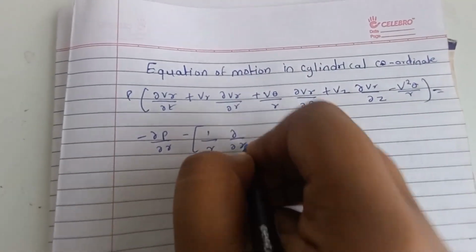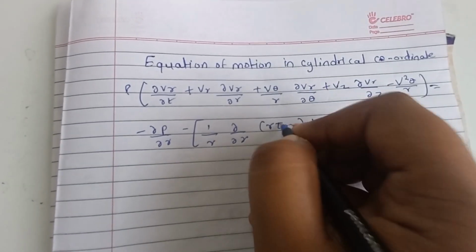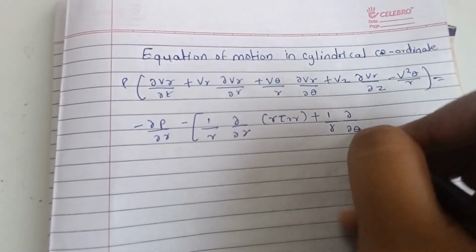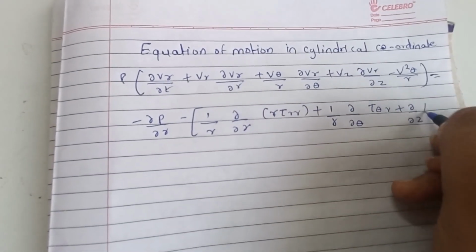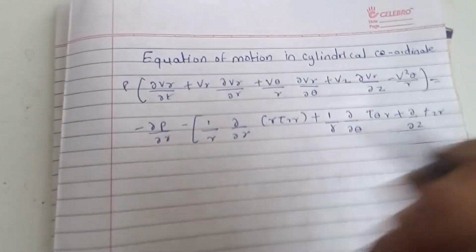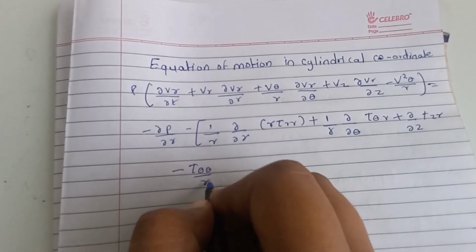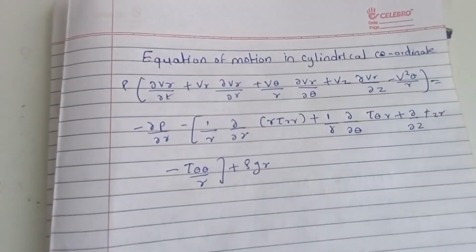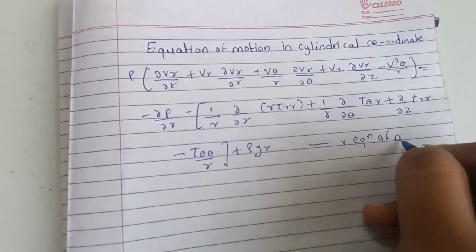Then the right hand side term is minus del p upon del r minus bracket of 1 upon r into del by del r into r tau rr plus 1 upon r into del by del theta into tau theta r plus del by del z into tau zr minus tau theta theta upon r, bracket closed, plus rho gr, that is the gravitational force acting in the r direction, that is the r equation of motion.